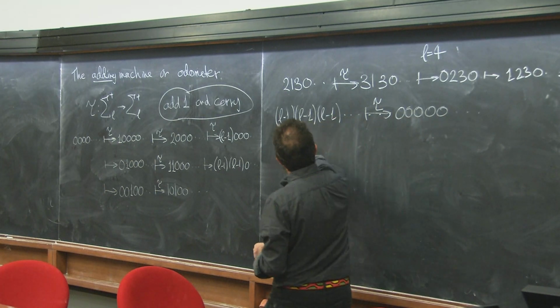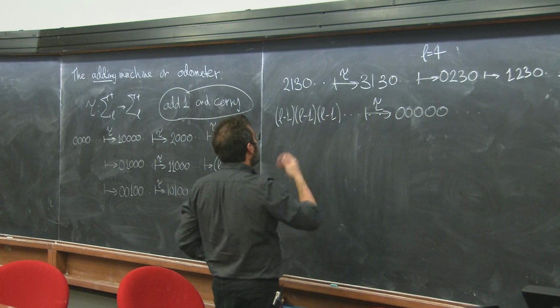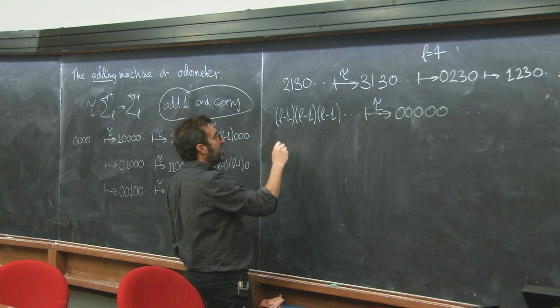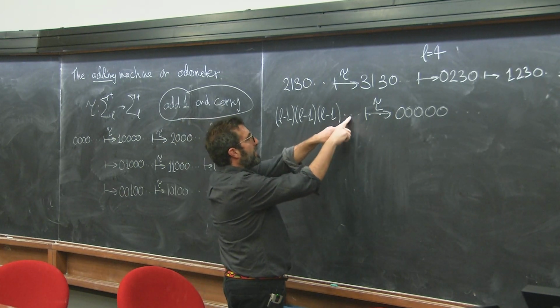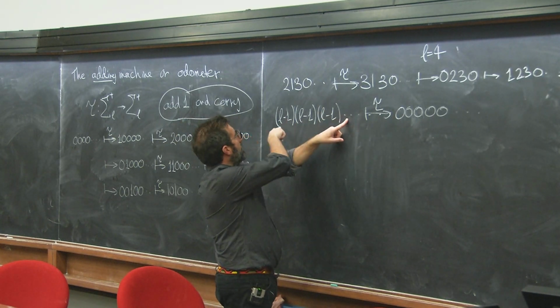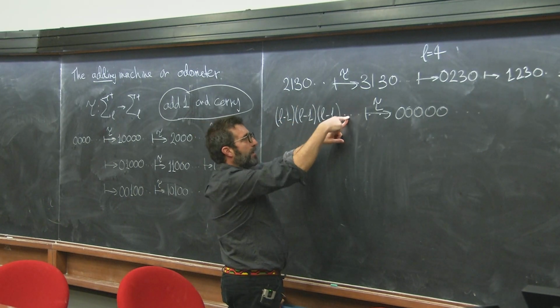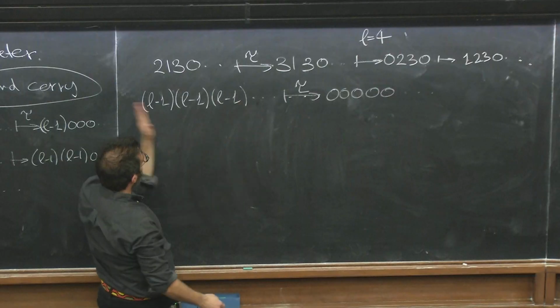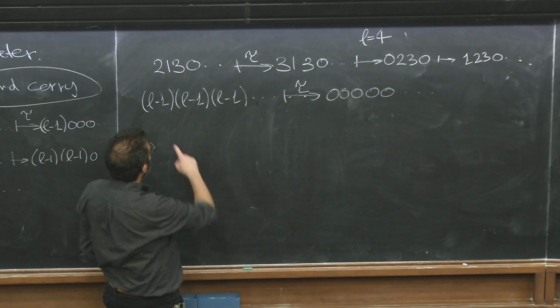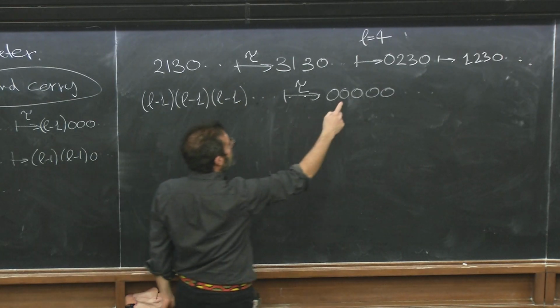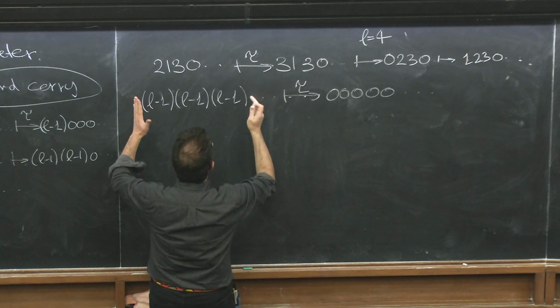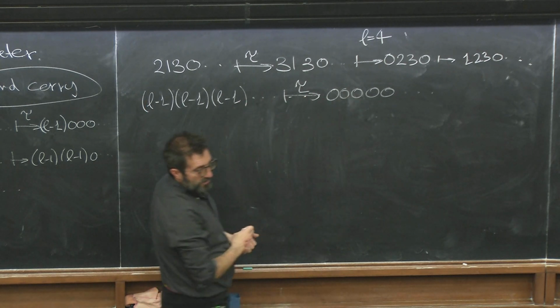If I have a finite number of L minus 1, then it's fine. So suppose I have L minus 1, and then here I have 0, and then I just add 1, this goes to 0, this goes to 0, this goes to 0, and then I add 1 at the first possible point. But if they're all L minus 1, then I just carry everywhere, and I define the image under this map as 0, 0, 0.